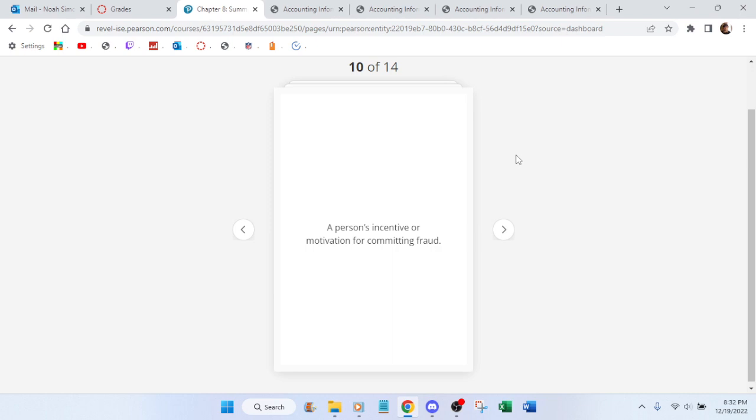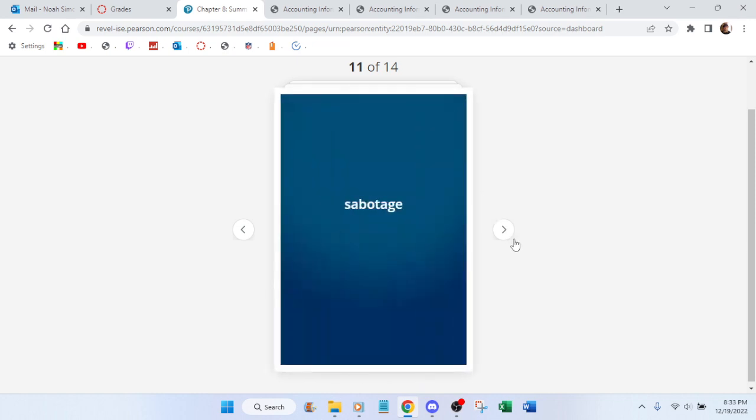A person's incentive or motivation for committing fraud, pressure. An intentional act where the intent is to destroy a system or some of its components.